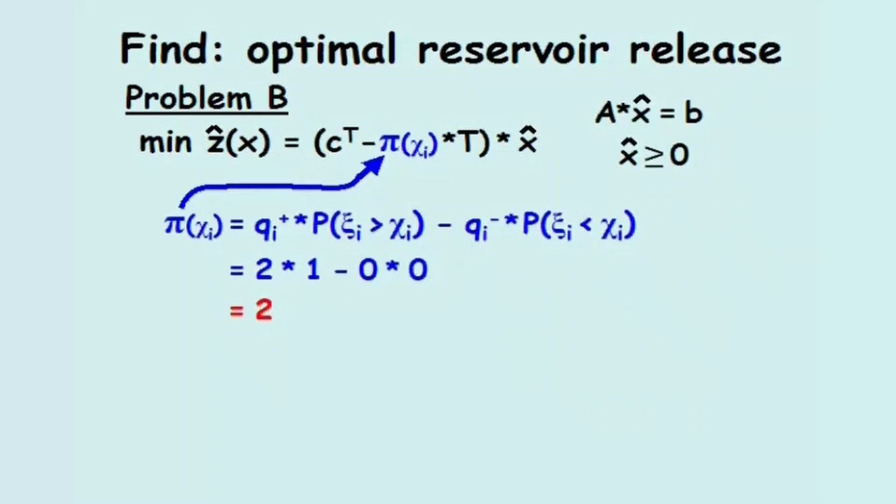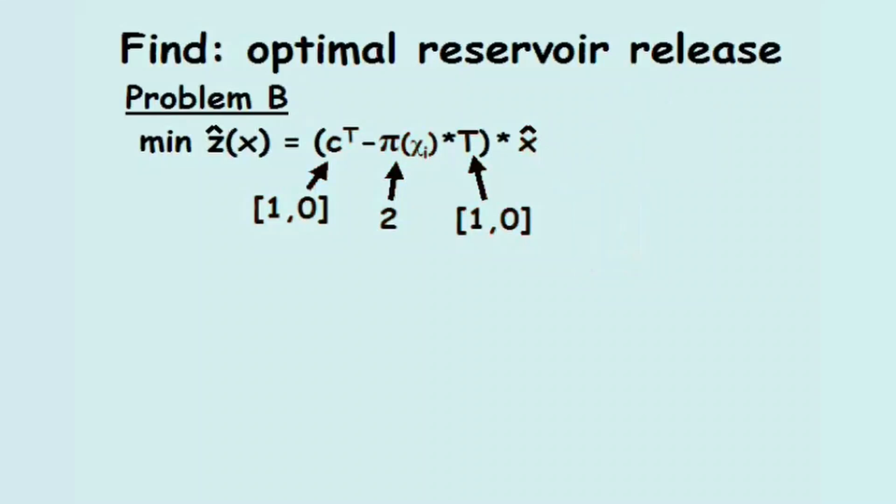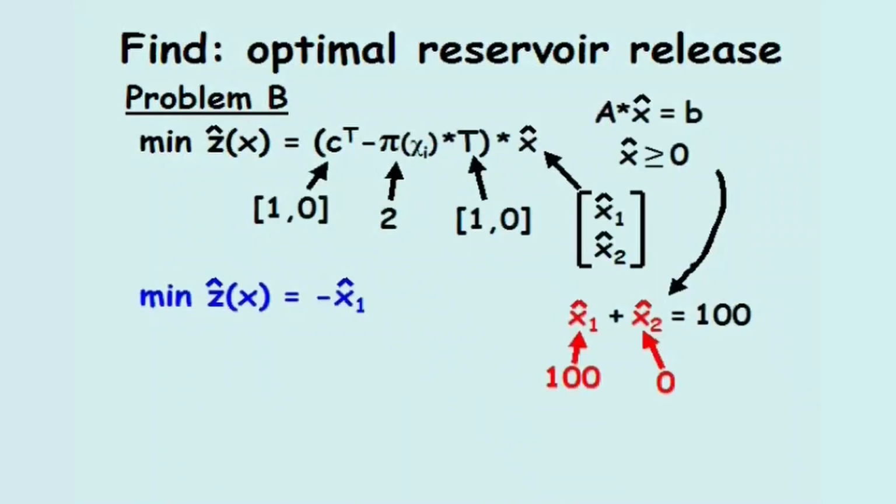Plugging in the other values into problem B, the objective function simplifies to minimize negative x1 hat. From the constraint set, we know x2 hat must be non-negative. Therefore, the maximum value of x1 hat is 100 units, and the minimum value of z hat of x equals negative 100.